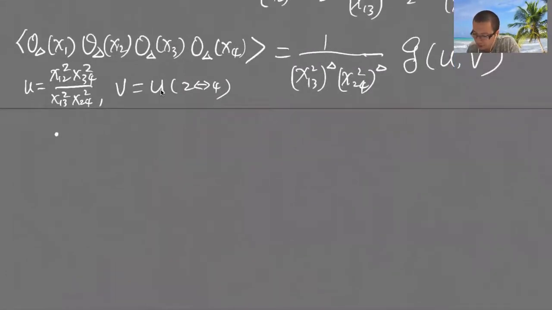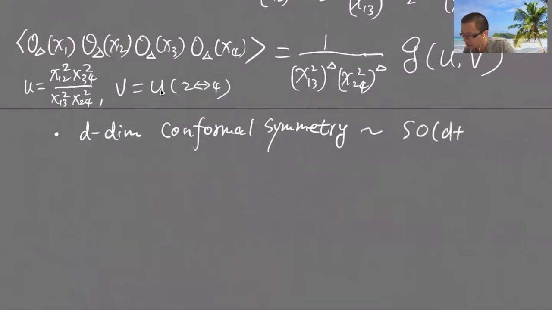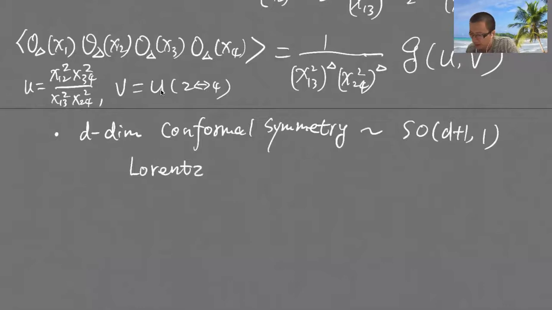So conformal symmetry in D dimensions is equivalent to SO(D+1,1), which is the Lorentz group of D plus 2 dimensional Minkowski space.